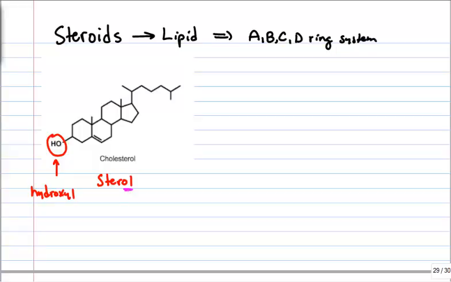We can also see this A, B, C, D ring system in cholesterol. Here's ring A, B, C, and D. It's what we call a fused ring system because the rings are incorporated within each other.